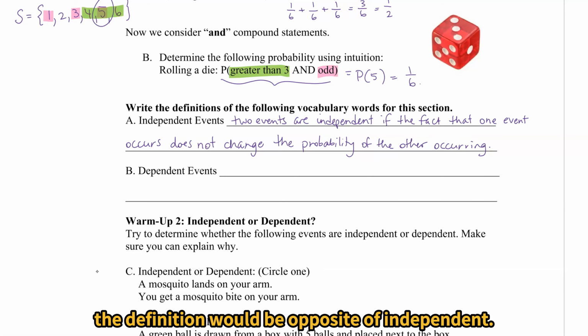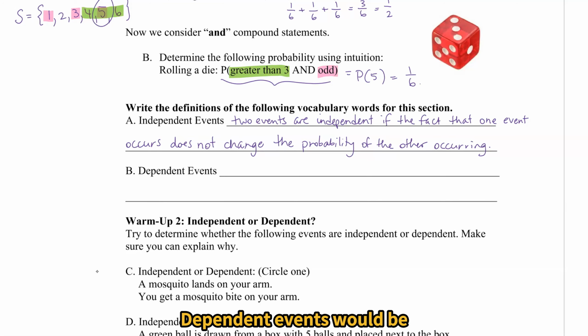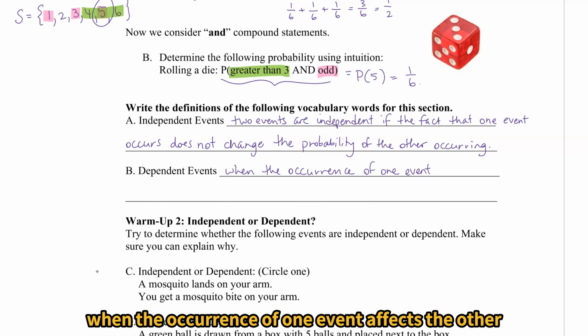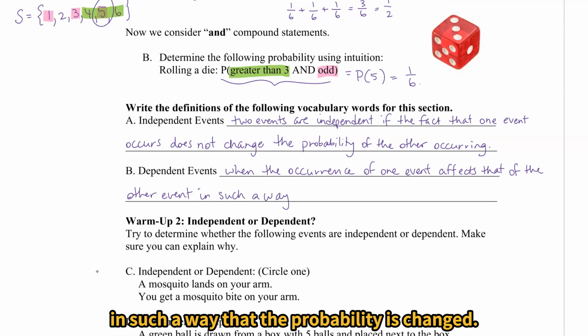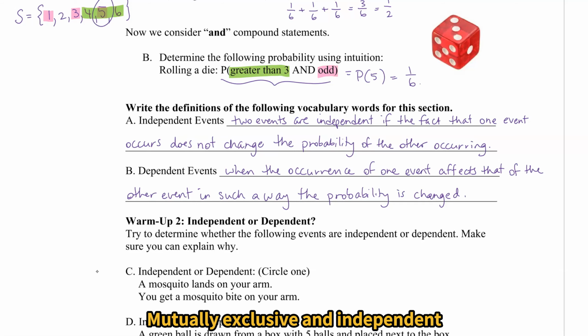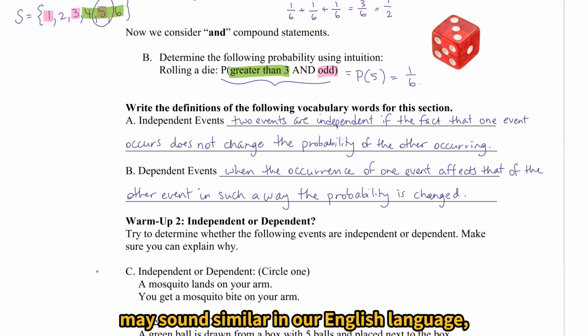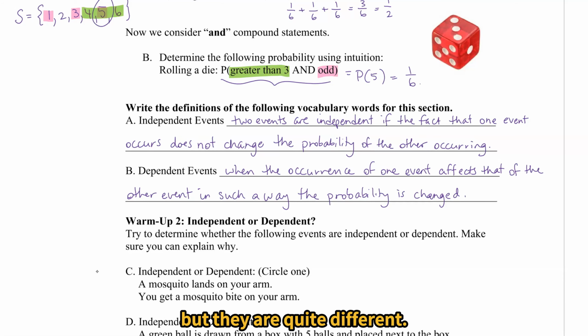Dependent events, the definition would be the opposite of independent. Dependent events would be when the occurrence of one event affects the other in such a way that the probability is changed. Mutually exclusive and independent may sound similar in our English language, but they are quite different.